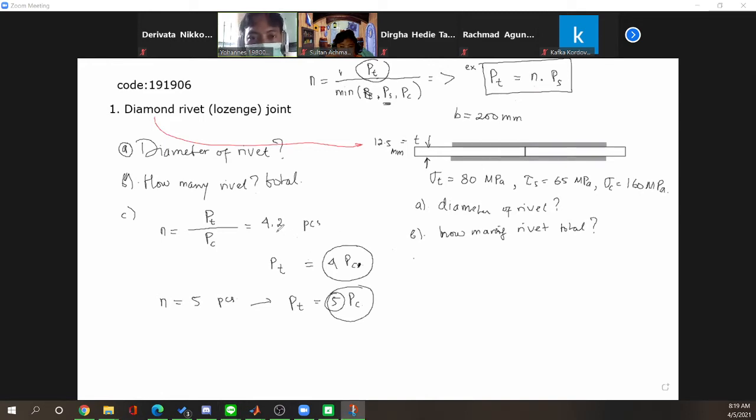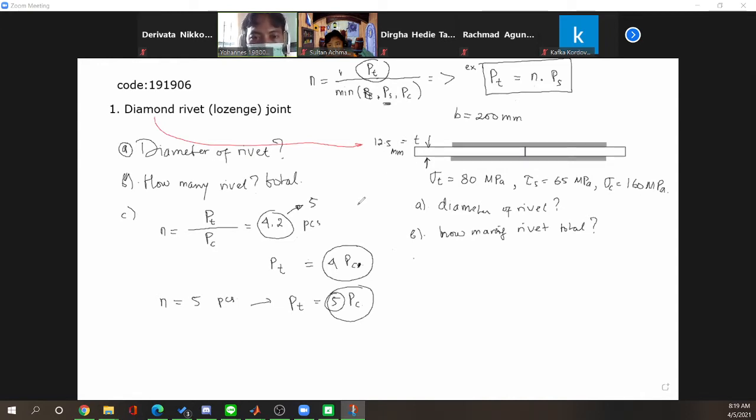Usually in design, if we find a decimal number of rivets, we choose the bigger integer for this value. So instead of 4, we will choose 5 in our design.